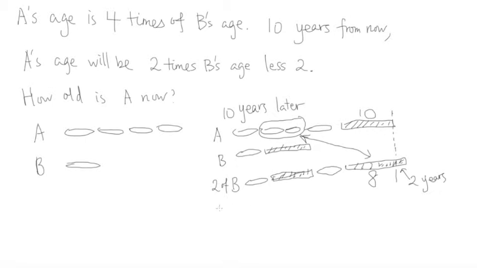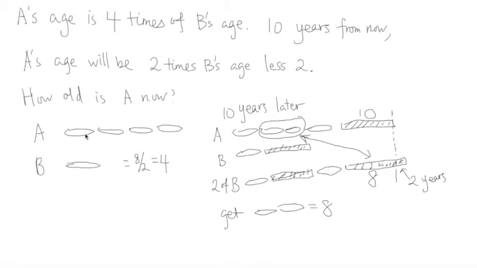So what we know in the end, if we do the comparison, we get these 2 bars equals 8, and that will tell us the bar equals half of 8, right? And so now we get this is 8 over 2, which is 4 years old.